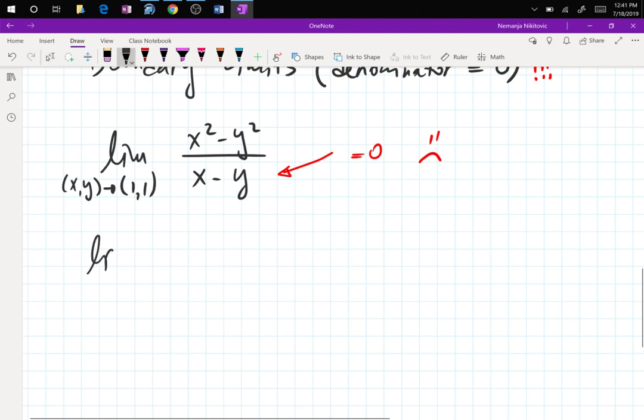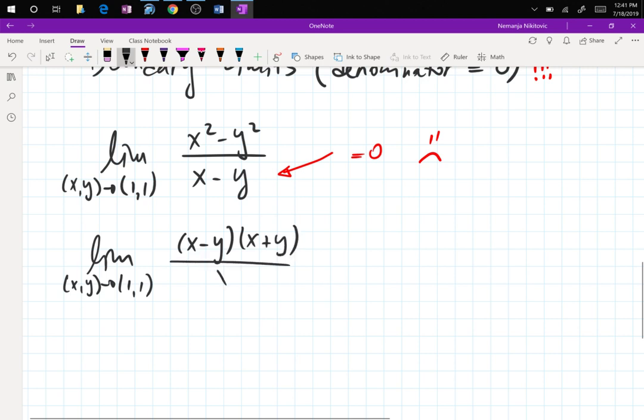So we have the limit of x, y goes to 1, 1. And then the top is x minus y times x plus y, divided by x minus y. These guys cancel as a unit, and you are left with the limit as x, y goes to 1, 1 of just x plus y. And now no zeros in the denominator, none of that stuff.